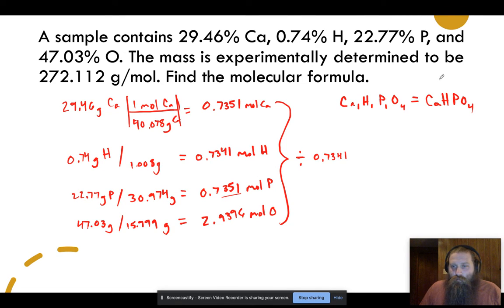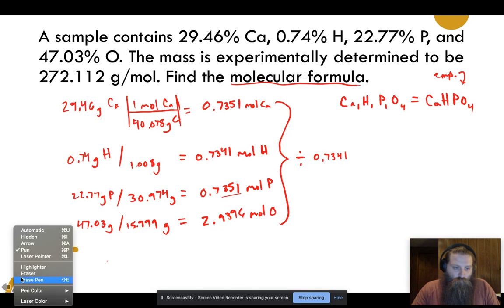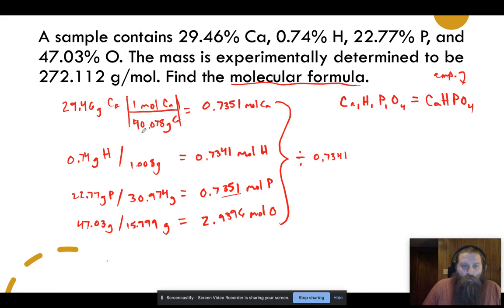We can't stop there. This is empirical. We need to find molecular. So we need to mass this thing. So fortunately, over here, let me switch colors. We've already got the masses off the periodic table. Right there, right there, right. These are our masses. We just need to add them up and multiply. The only one we have to multiply is there are 4 oxygens. Everything else, there's just 1.